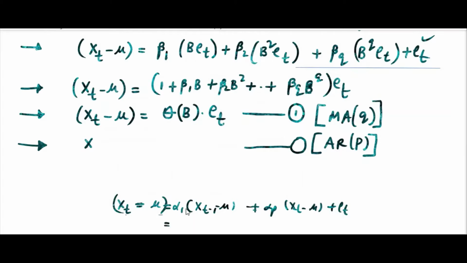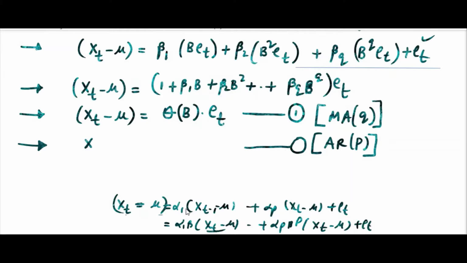Beta, this is B, you can write B X_t minus B mu. So alpha 1 B, if you take common, you get X_t minus mu. Everywhere you get X_t minus mu, up to alpha p B^p (X_t minus mu) plus e_t.